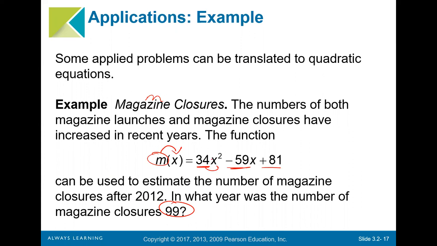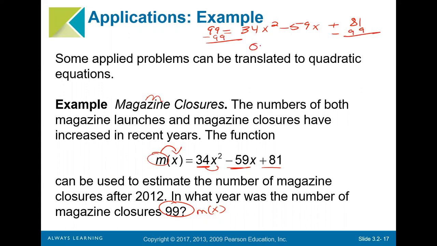So what I need to do is recognize that this is my m of x. So I'm going to rewrite this as 99 is equal to 34x squared minus 59x plus 81. I want 99 on the other side because I want it in standard form, so I'm going to subtract it from this side.